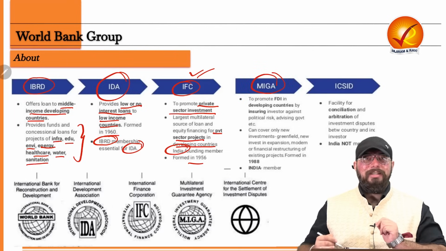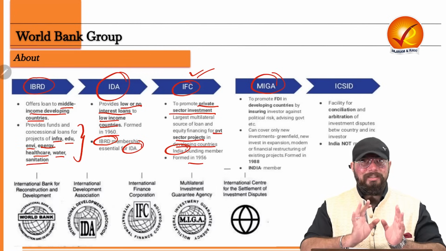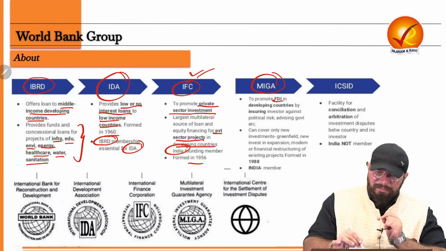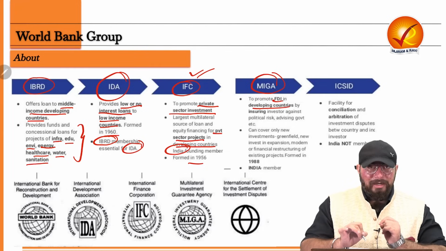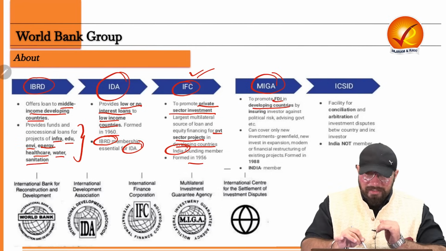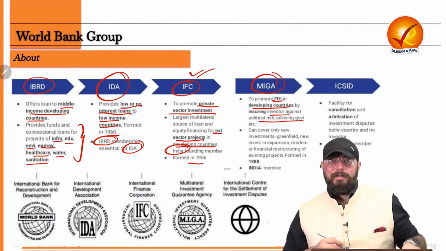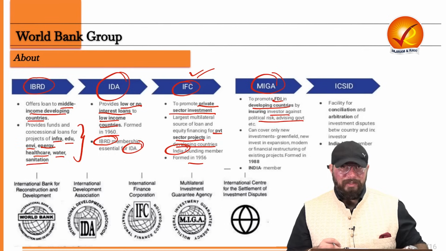What is MIGA? That is Multilateral Investment Guarantee Agency. As the name suggests, it is an investment guarantee agency. It promotes FDI, that is foreign direct investment, in developing countries by insuring the investor against political risk and advising the government. So it is providing a kind of guarantee, that is insurance, for the investments.